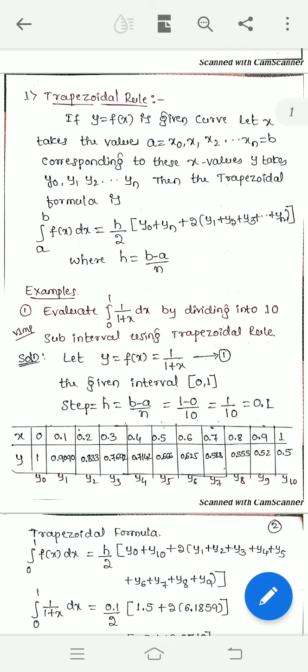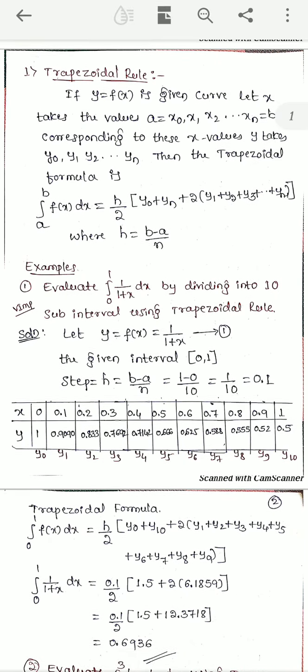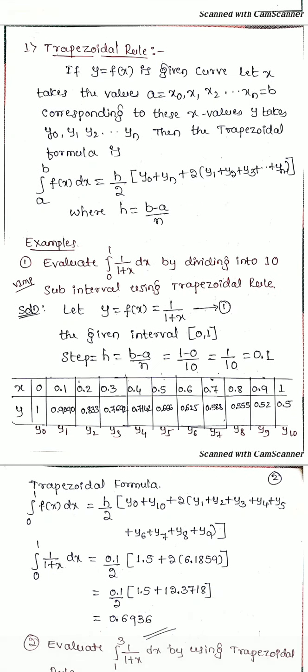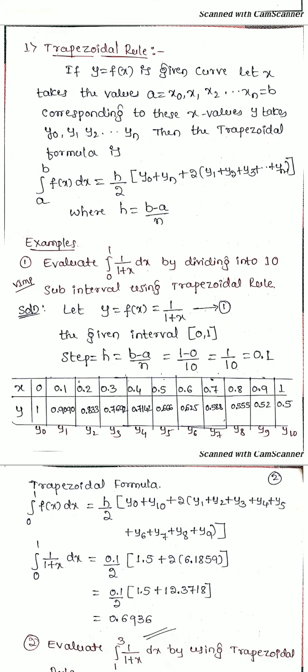Here we are combining the first term and the last term of the y values, that is y0 plus yn, plus 2 times all the remaining terms. The remaining terms means y1 plus y2 plus y3 and so on up to yn minus 1. This formula is called the trapezoidal rule.